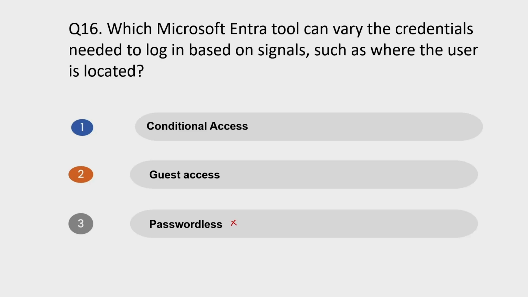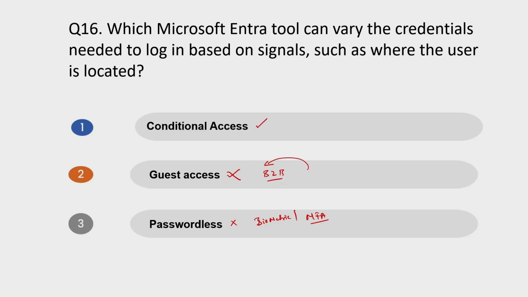Passwordless is an option for you to use your devices without using the password, either by biometric or Microsoft Authenticator. Guest access is for B2B, so this is also wrong answer. So you invite the guest access into your Entra ID to give the access for your guest account.